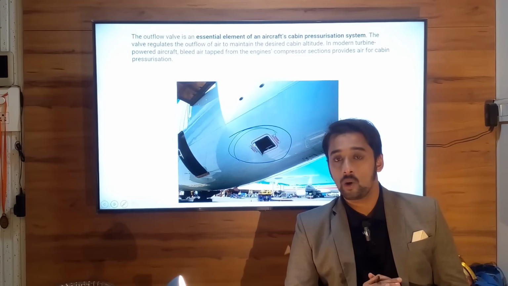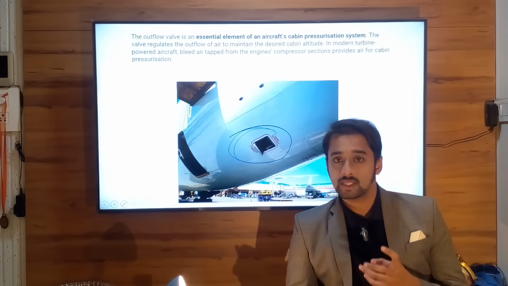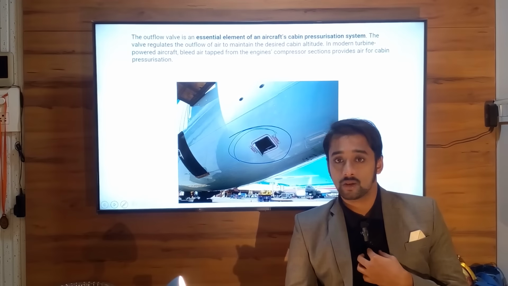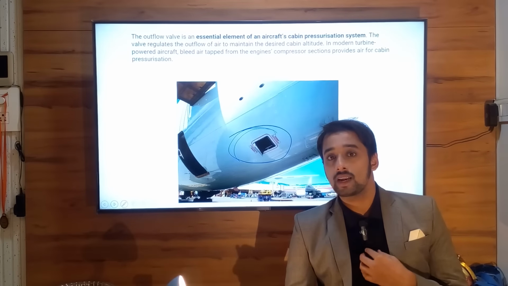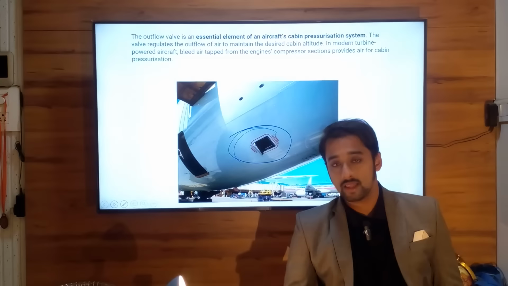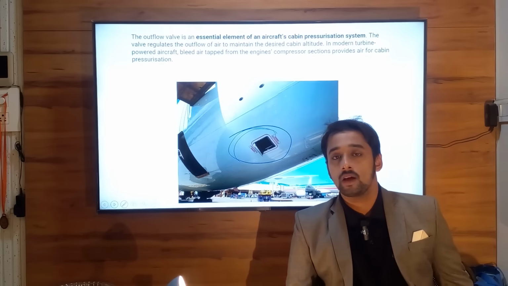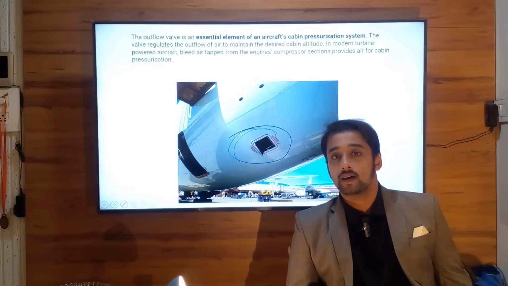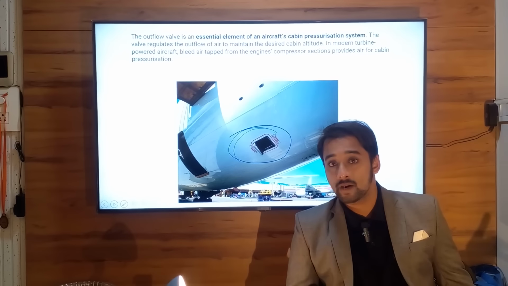The oxygen content in the air remains the same, but since the pressure goes on decreasing, the oxygen reaching to all our organs is under less and less atmospheric pressure. And therefore insufficient flow of oxygen goes to the organs of our body, and therefore our body functions are hampered.